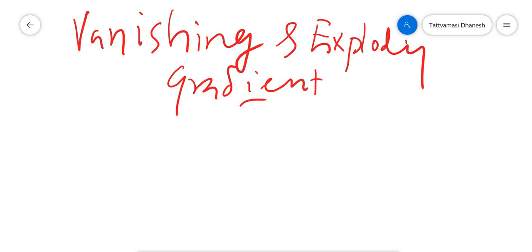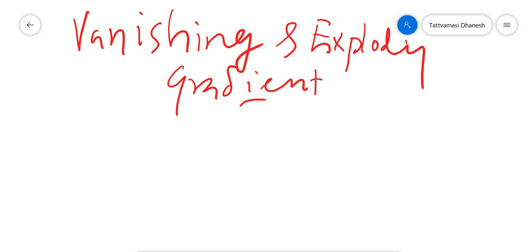Exploding gradient, if the weights are big, the gradient grows exponentially. This is known as exploding gradient. Now, why are vanishing and exploding gradient happening in recurrent neural network, not in convolutional neural network?